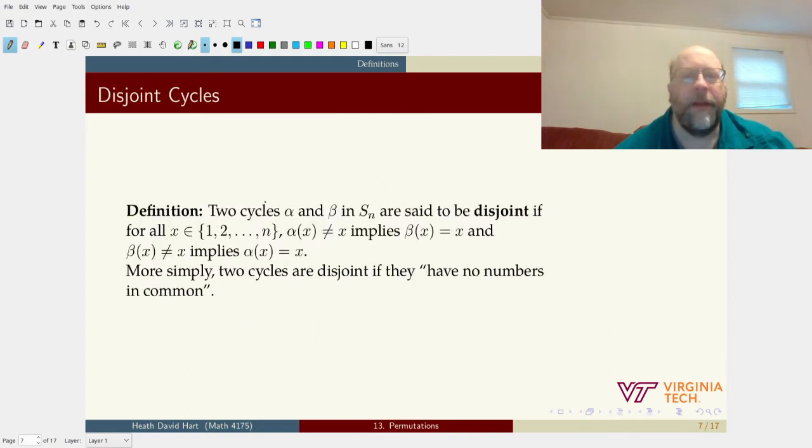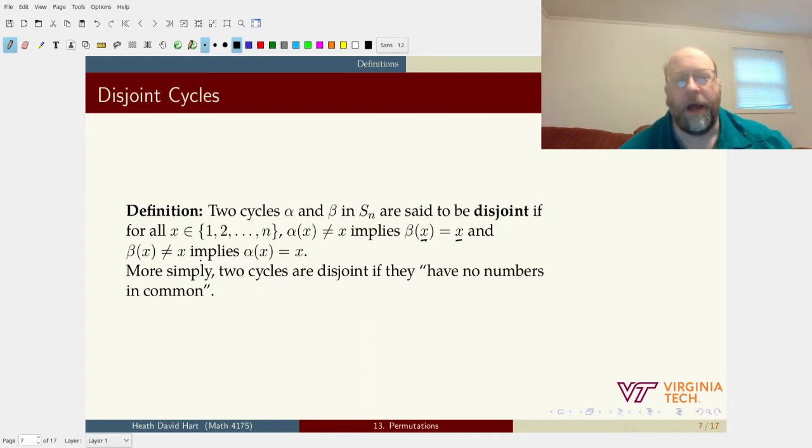All right. Cycles are said to be disjoint. Here's a formal definition. If alpha of x doesn't equal x, in other words, alpha changes x to some other character, then beta doesn't change x to another character. Beta just sends x to itself. And then vice versa, if beta of x moves to a different character, then alpha leaves x alone.